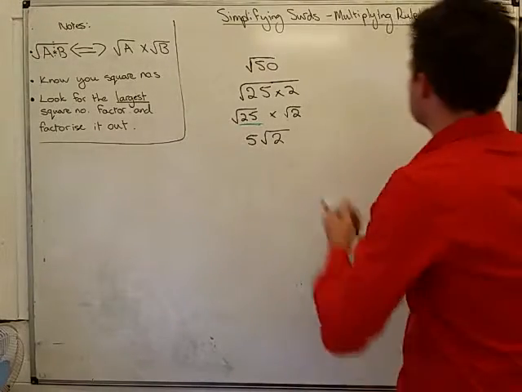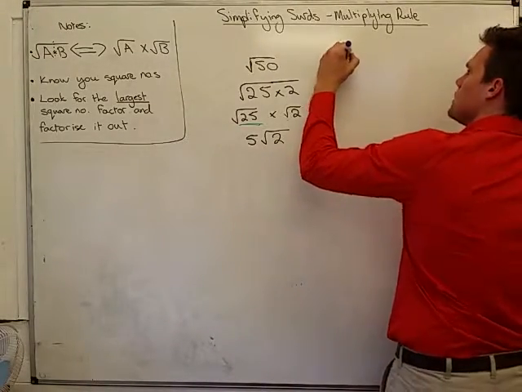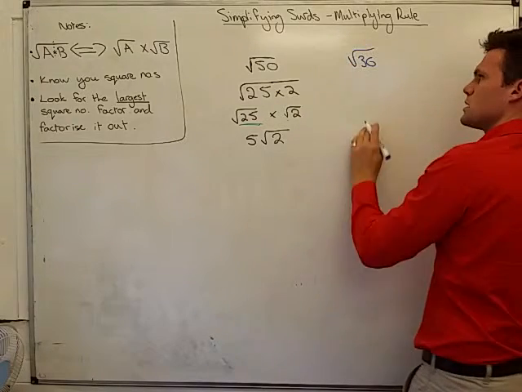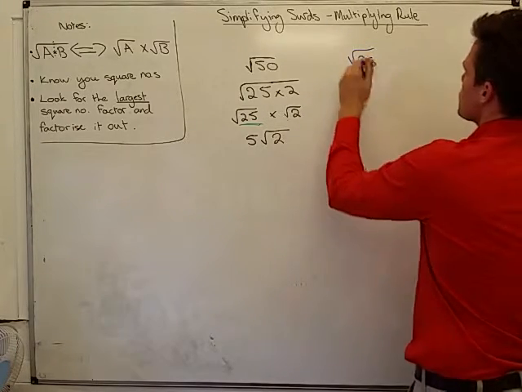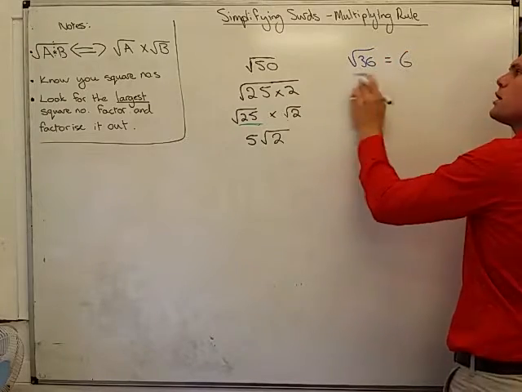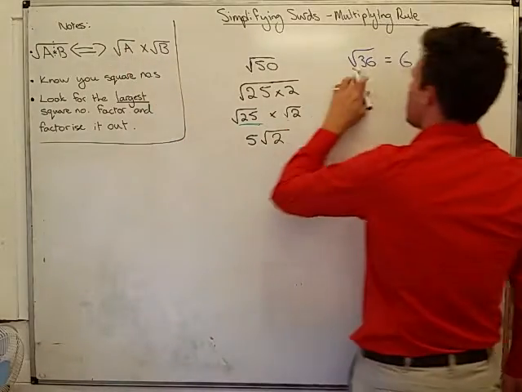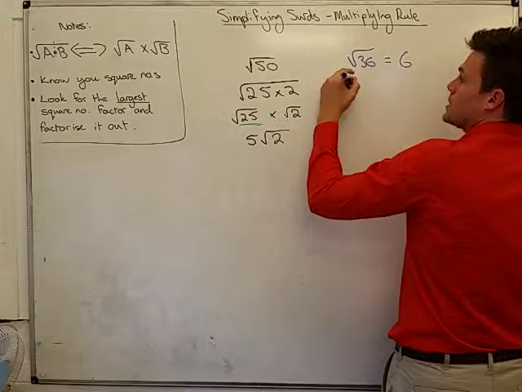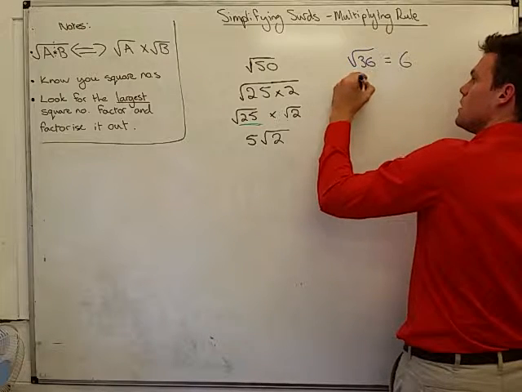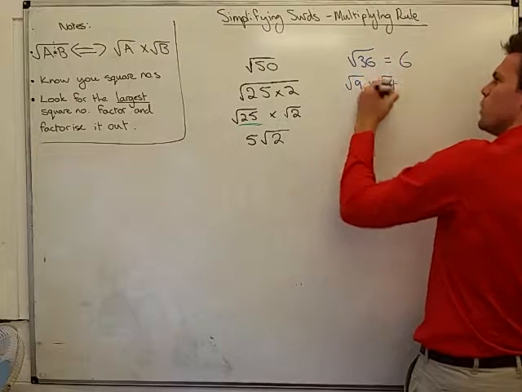For the next one, just a quick reason as to why this works. If I have the square root of 36, that is obviously 6, but I can apply my rule here and split this up into, say, 9 times 4, so this could be root 9 times root 4.